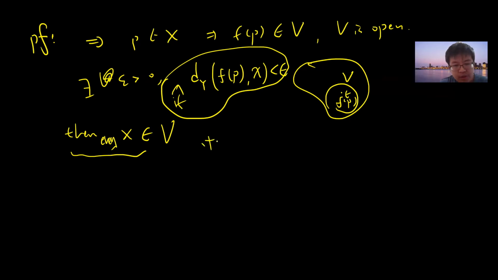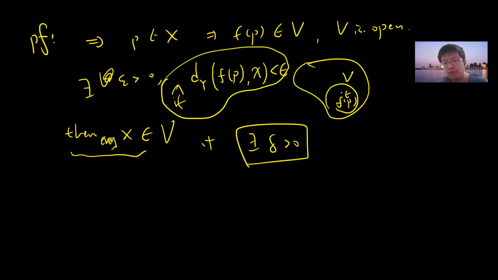And now f is continuous, right? That means there exists a delta greater than 0. Remember f is continuous means that for all epsilon, and now I pick a particular epsilon such that this small ball falls into V since V is open.